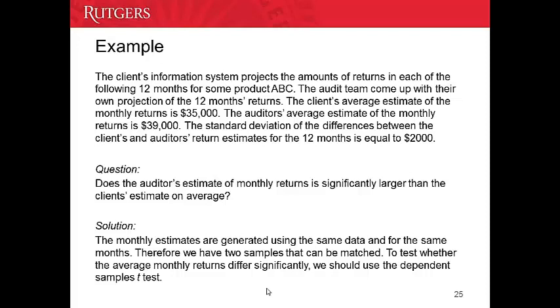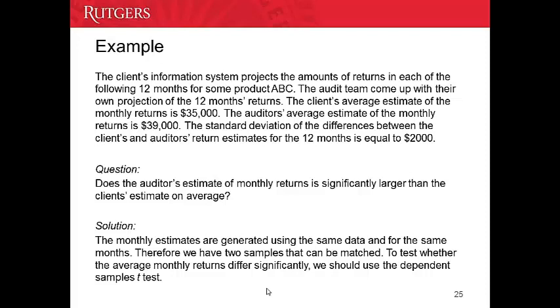The client's average estimate for the monthly return is $35,000. The auditor's average estimate of the monthly returns is $39,000. And the standard deviation of the difference between the client's and auditor's return estimates for the 12 months is 2,000.